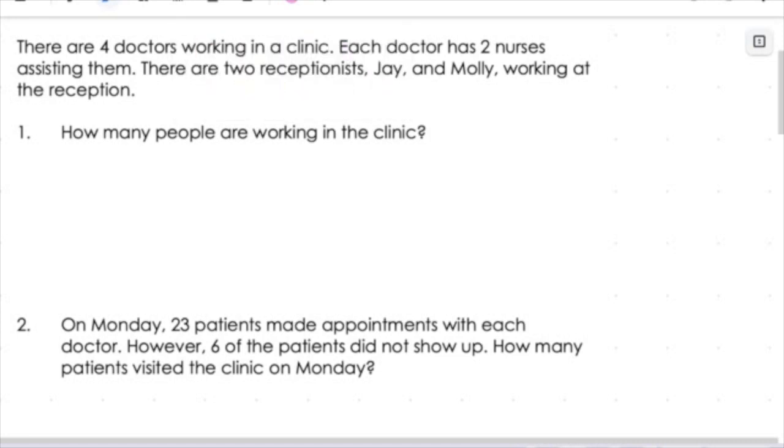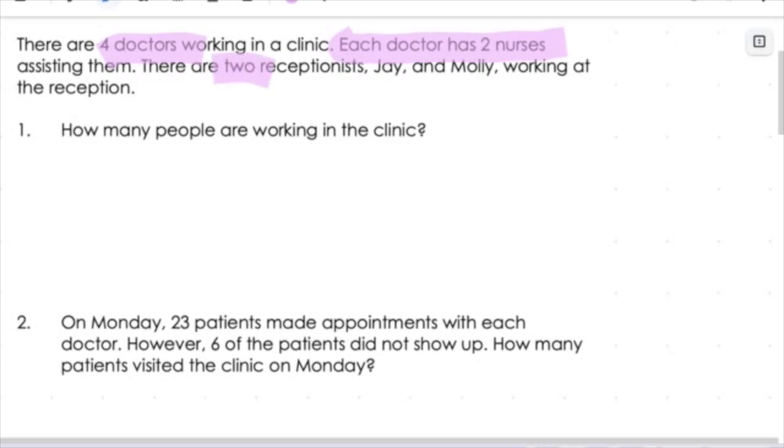So what we're going to do, if you have questions on a sheet of paper or something like that, you can actually highlight this and write it down, or you can just make a note of all the important bits. But in this video, I'm going to highlight. So we have 4 doctors working in this clinic. Another piece of information that's going to help us is that each doctor, so all of these 4 doctors, have 2 nurses assisting them, and there are 2 receptionists.